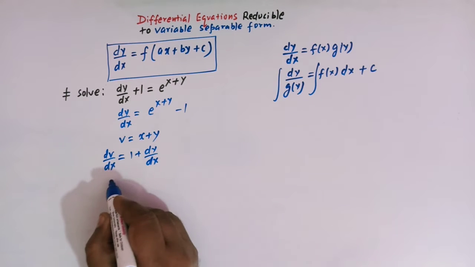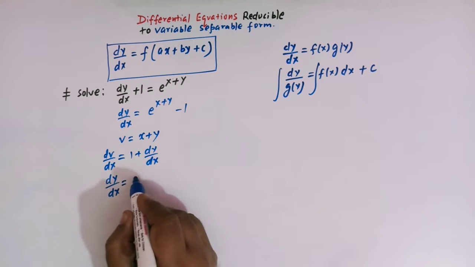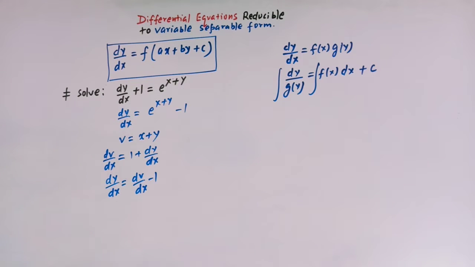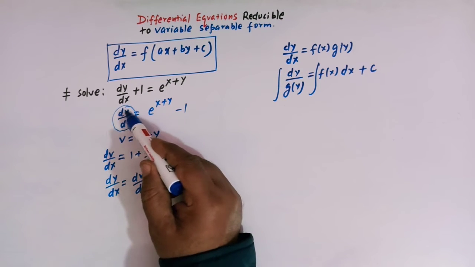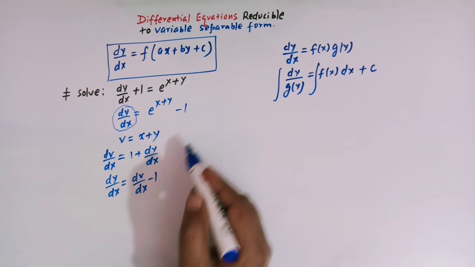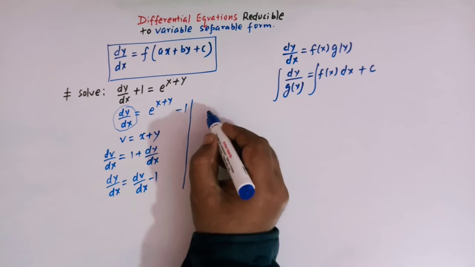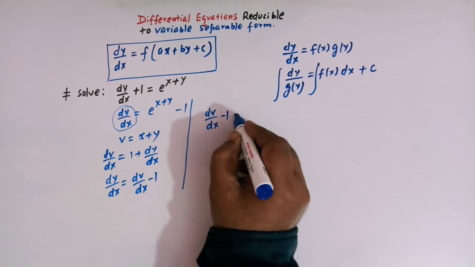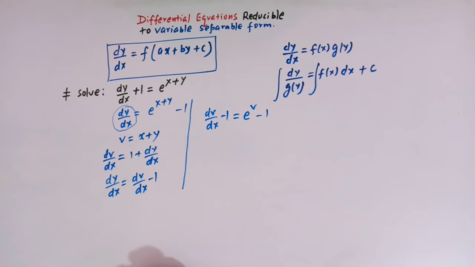So now we can write dy over dx is equal to dv over dx minus 1, right? So now here we can replace dy over dx by dv over dx minus 1, right? So now we can write this equation as dv over dx minus 1 is equal to e raised to v minus 1, right?